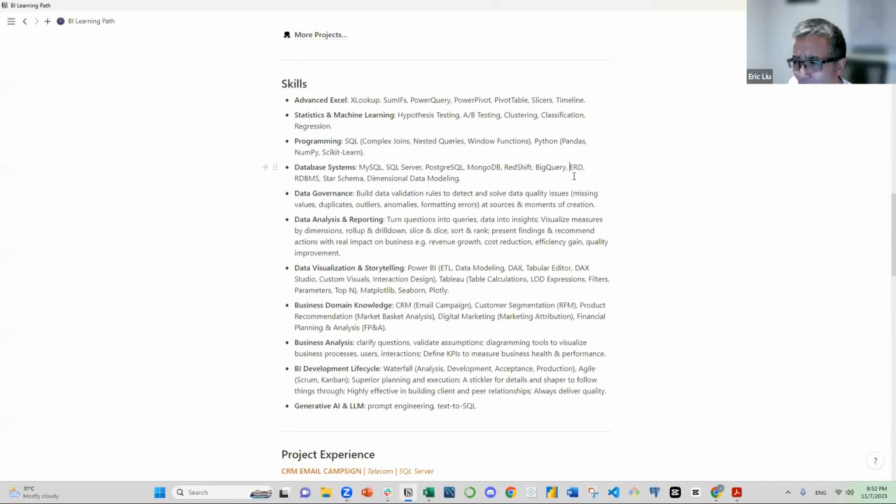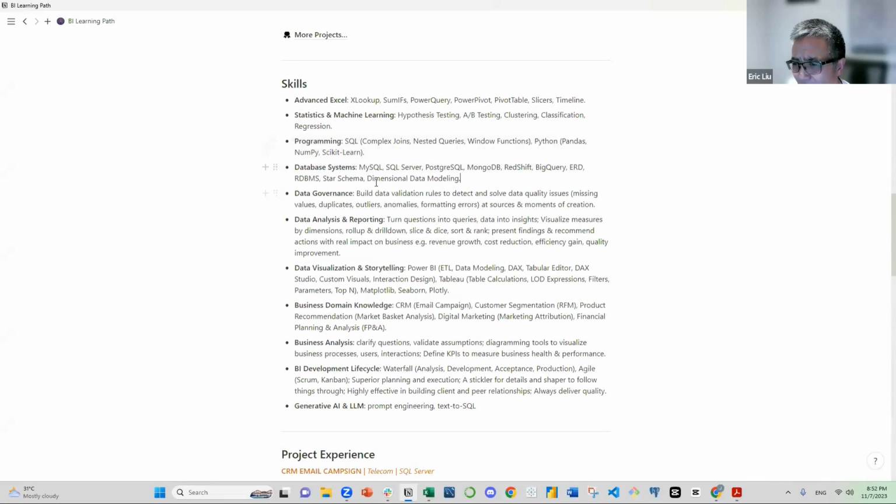But after that, you also want to mention ERD, RDBMS. This is a relational database management system, star schema. So this is Microsoft again, dimensional data modeling. And these different terms, sometimes we use them interchangeably, the same thing. So you don't have to write them all.